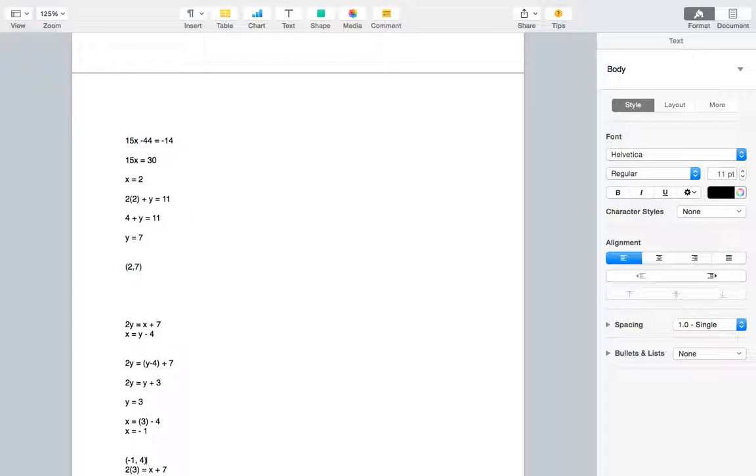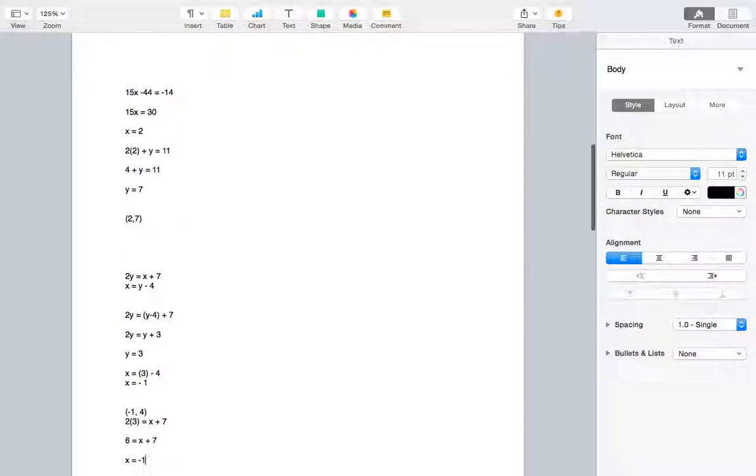I do not know what happened right here. Let me see. Give me 1 second. Looks like that got jumbled up or something. Okay, I think I was doing something else.